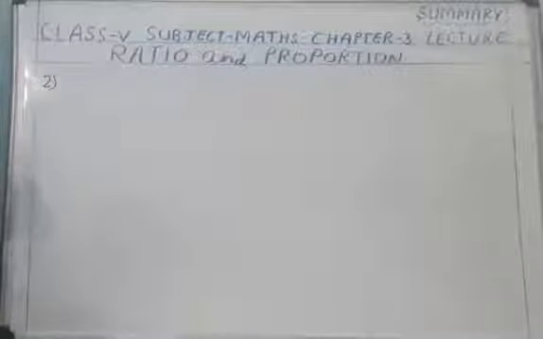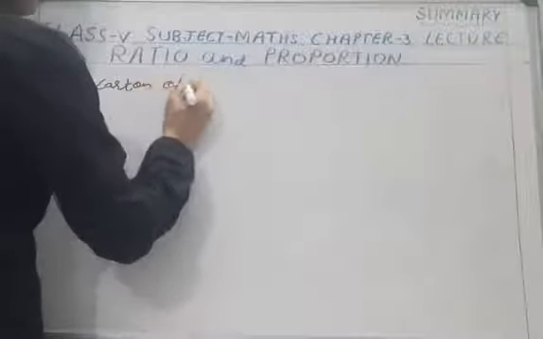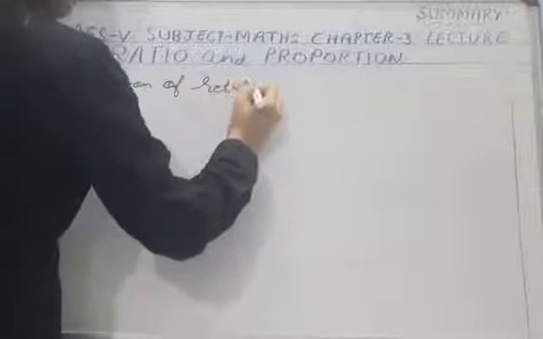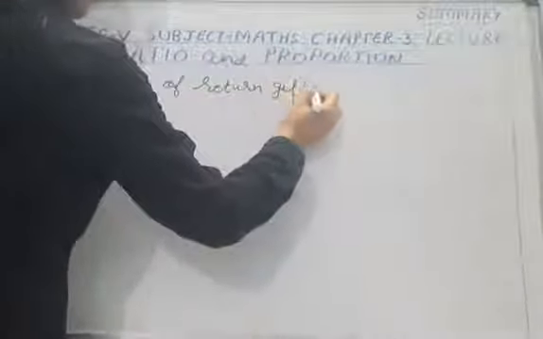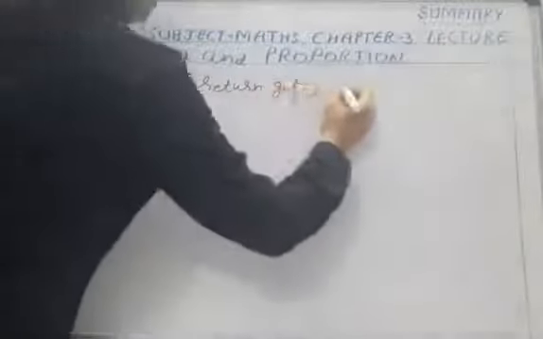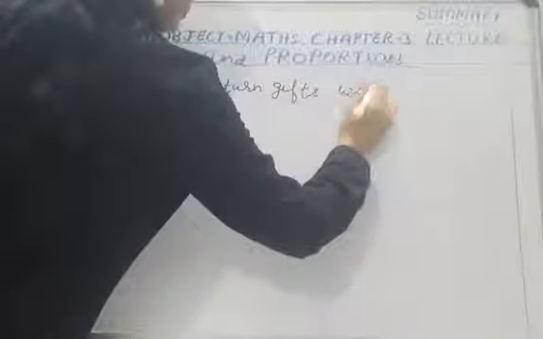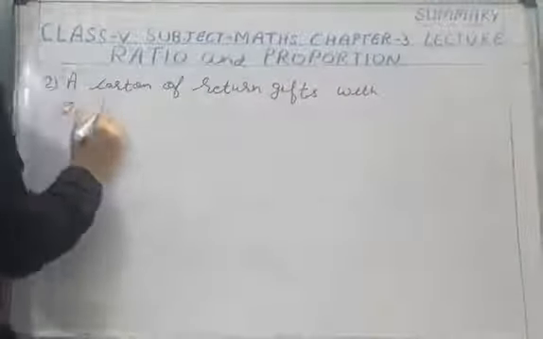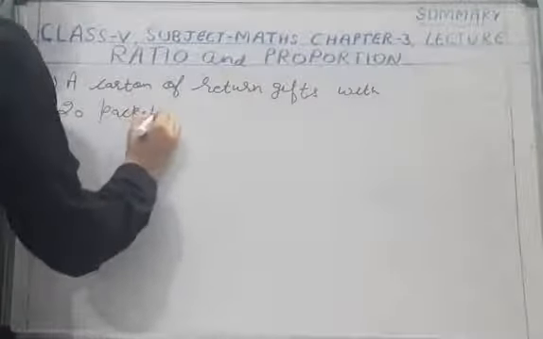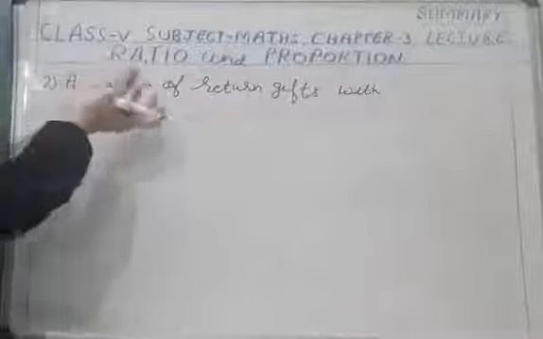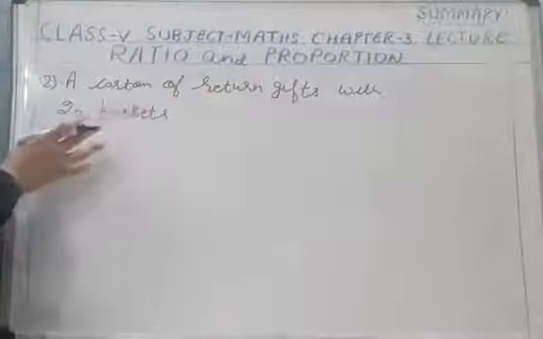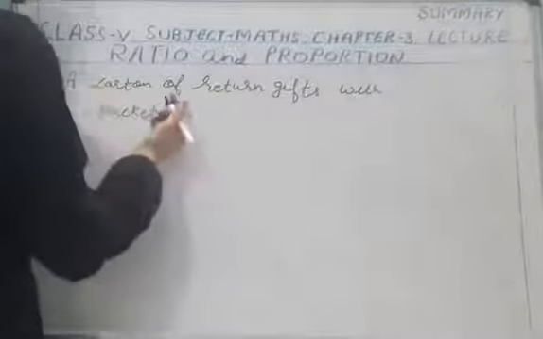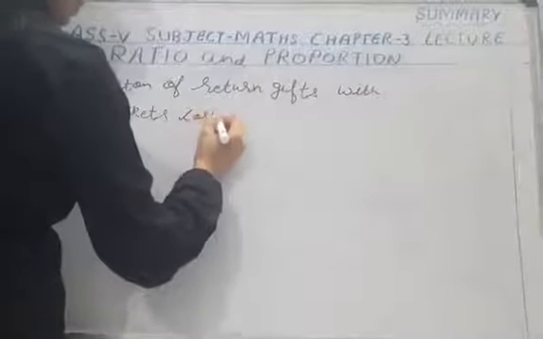A carton of return gifts with 20 packets. एक कार्टन है, कार्टन मतलब बॉक्स डिब्बा जिसके अंदर रिटर्न गिफ्ट्स हैं विद 20 पैकेट्स. कॉस्ट जिसके अंदर 20 पैकेट है रिटर्न गिफ्ट के, उनकी कॉस्ट कितनी है? रुपीज 240.